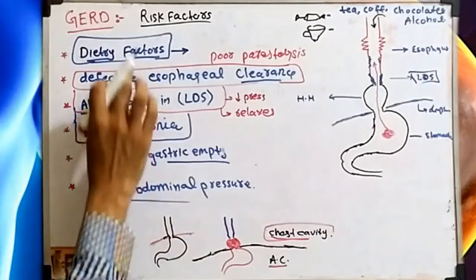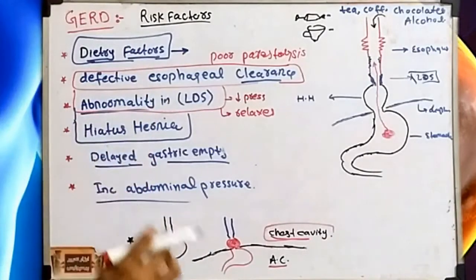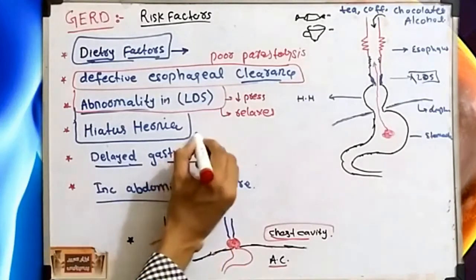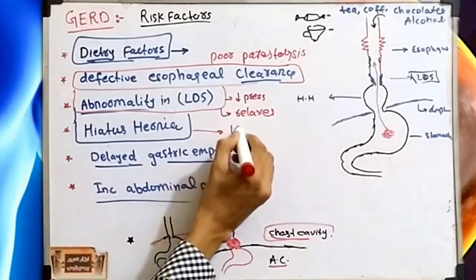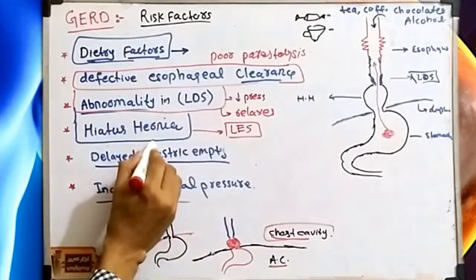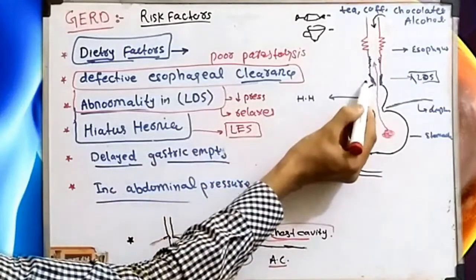So one of the risk factors of gastroesophageal reflux disease is hiatus hernia, because this hiatus hernia will relax the esophagus, it will relax the lower esophageal sphincter. Whenever there is hiatus hernia, it will relax this sphincter.